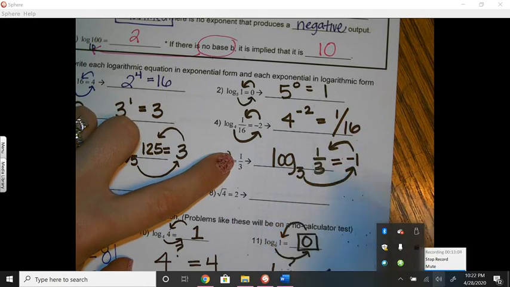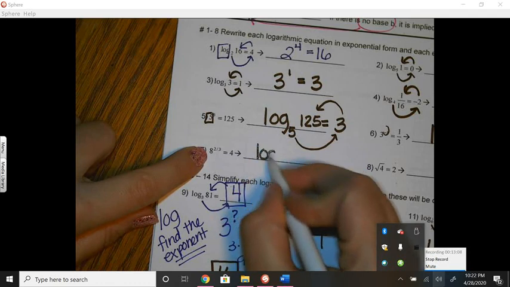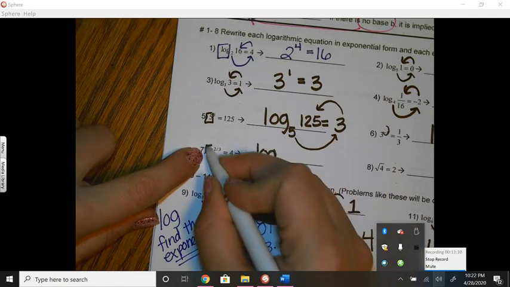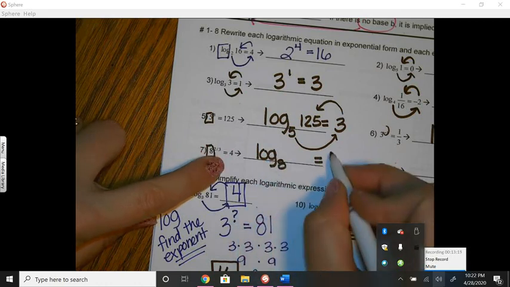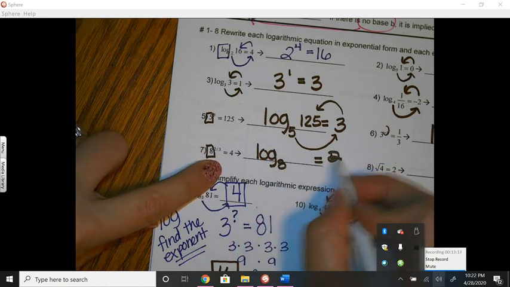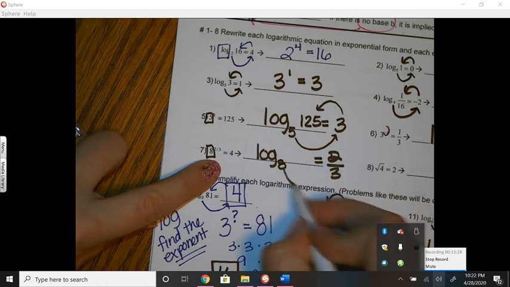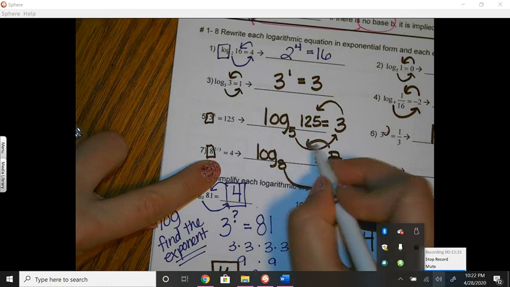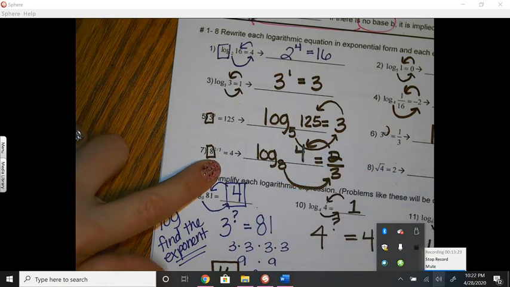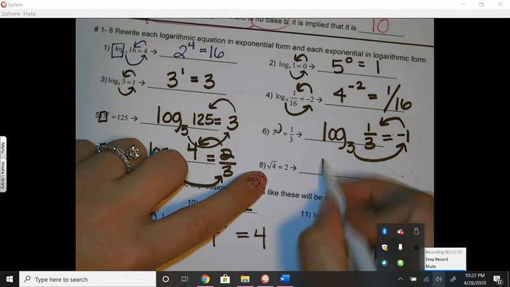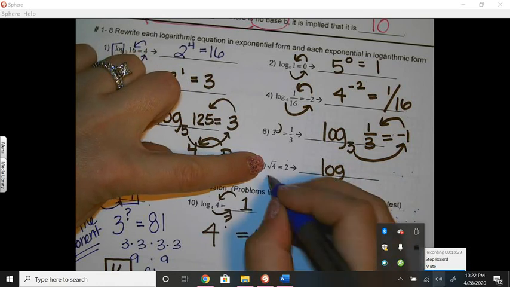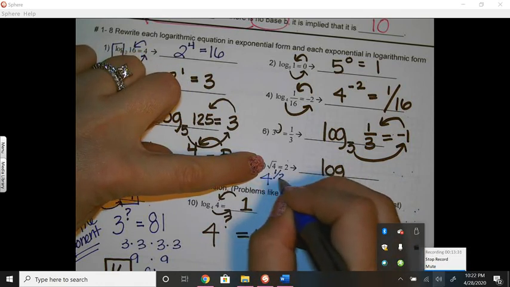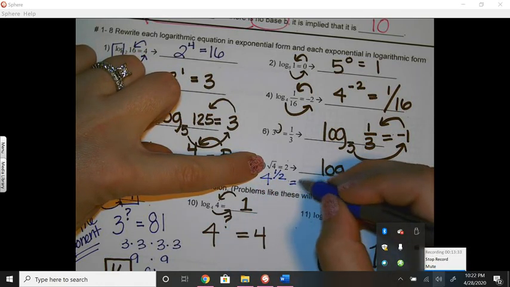So we're just writing it with logarithms. Okay, over here, log, the little number here is the base, which is 8. A log always equals an exponent, so the exponent 2/3 goes here. So 8 to the 2/3 equals 4. Okay, over here, log, this has a radical, so I'm going to go ahead and write it as 4 to the 1/2 instead.